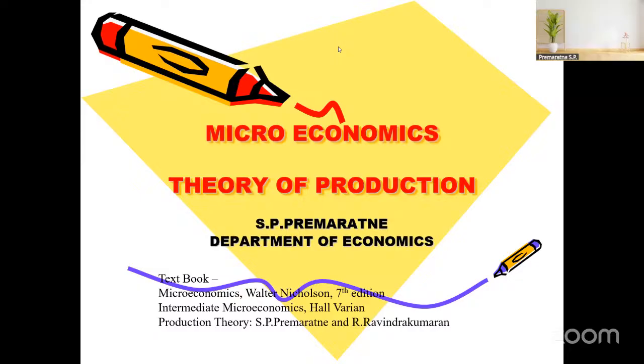So this is what we discussed last time, the theory of production, and we almost completed it. Let's quickly look at the PowerPoint presentations. For the last two weeks I did without PowerPoint, and these are the basic things.